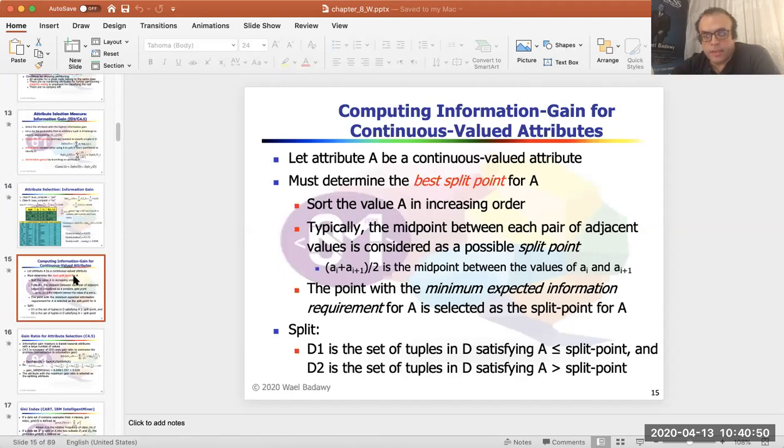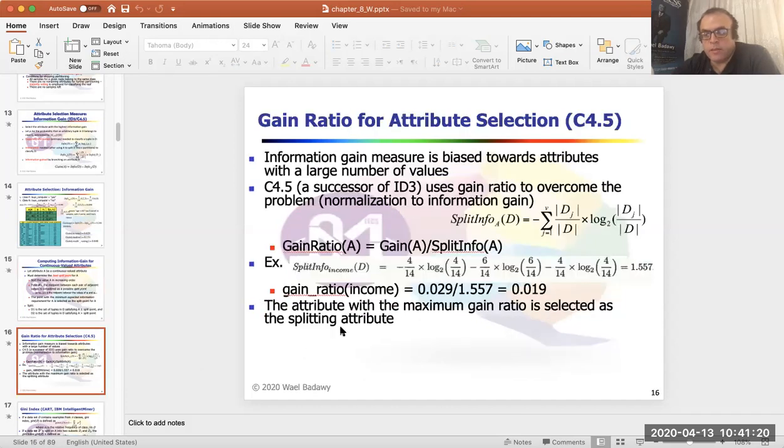The other aspect of data is that usually we talk about discrete data, and on the other side, continuous data. For continuous values, I will be using a midpoint, or a possible split point, or you can call it averaging. Using the continuous-valued attribute, you always look at this midpoint, which is a point that segments the data left to right. From that perspective, you can still compute using a similar approach.